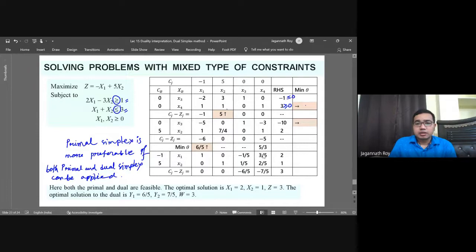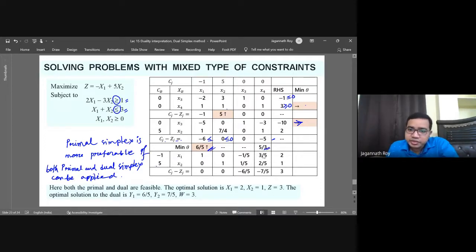Now we can see that this is dual simplex, all the Cj minus Zj are less than or equal to 0. So that is why we first leave this basis and then we calculate the theta values here. So in this particular example, we can apply both the methods and then we find out these values.